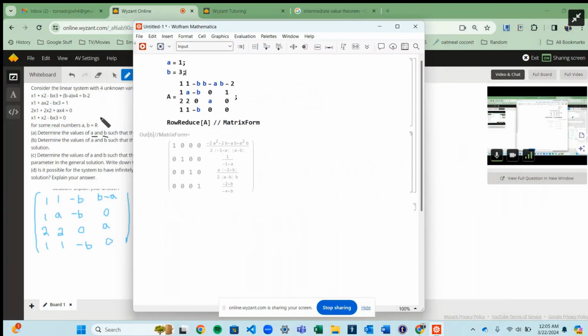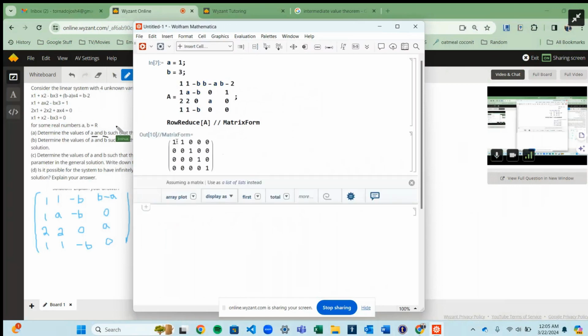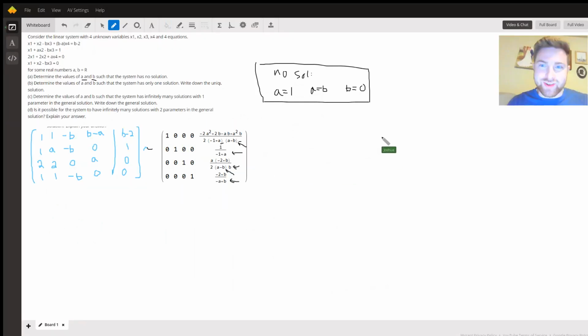Okay. Ooh, notice right here, we have 0, 0, 0. And remember, there's supposed to be a bar here. So 0 equals 1. Oof. Also, last time I checked, 0 does not equal 1. Okay. All right, so let's move on to figure out the ones that are the solutions.